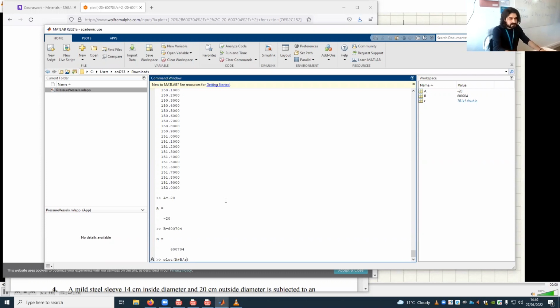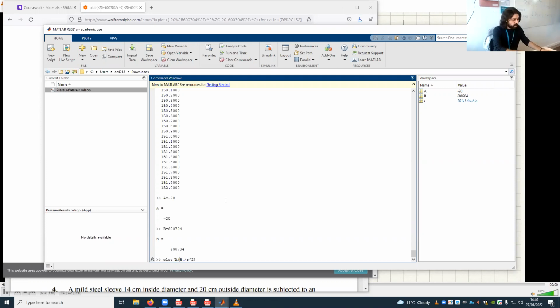Of course, I can't divide a number by a vector, but if you use dot divide, this is an element by element operation. So instead of dividing the number B by the vector R, it divides the number B by each element of the vector R, which is an operation that you can do.